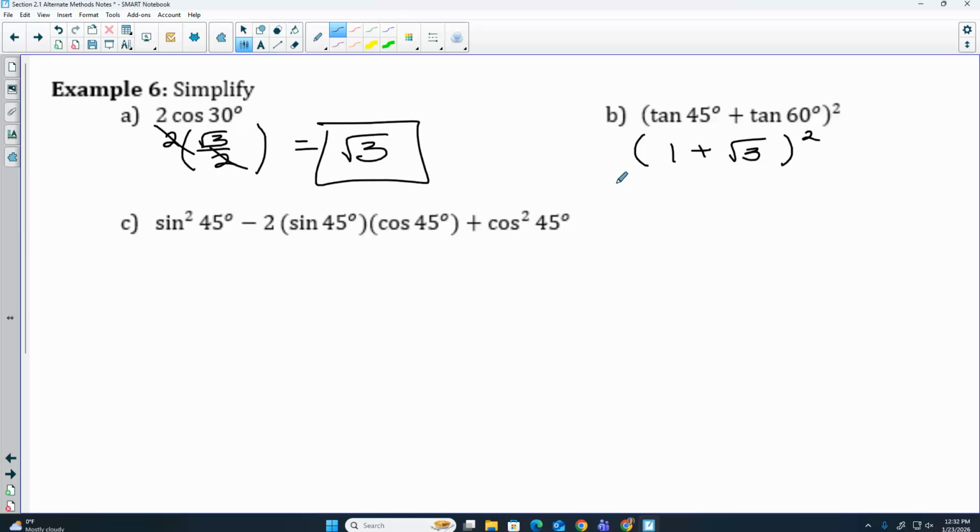All right, so then if I want you to square that, that's just from algebra. That means we have 2 of them, so we have to FOIL. So we get 1 plus square root of 3 plus the square root of 3. Radical 3 times radical 3 is the square root of 9, or just 3. So we get 4 plus 2 radical 3.